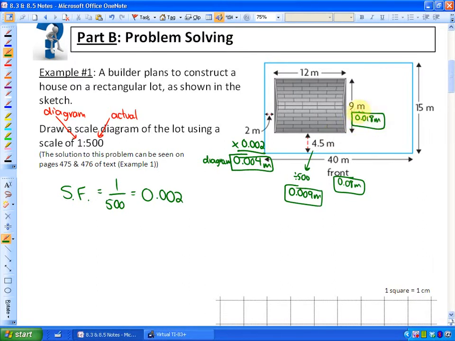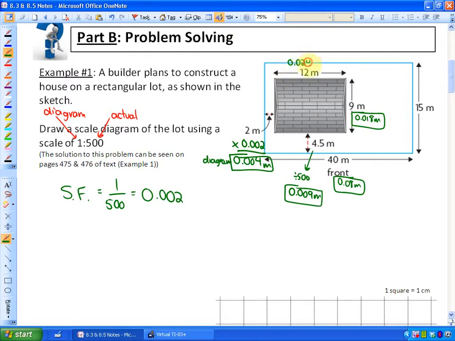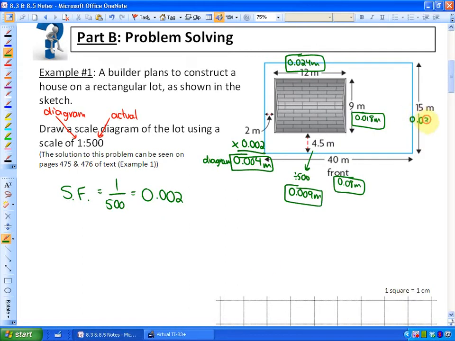When you're using the scale factor, it is being converted into the same type of units, so you'll see these are getting converted into meters. So it's 0.024 meters. And finally, 15 divided by 500 is 0.03 meters.